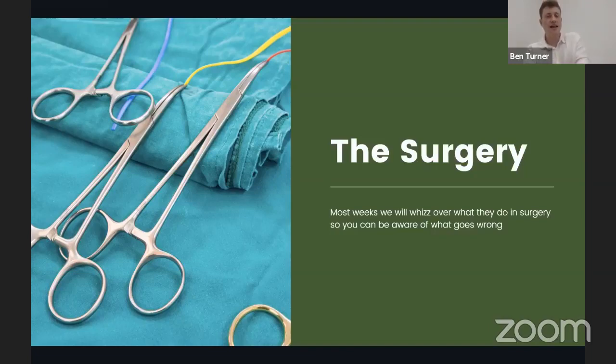Because surgery is an art and a skill that you learn as you go along, and obviously everyone in different training grades is learning, so things do go wrong, and it's quite important to have a little handle on what those might be.